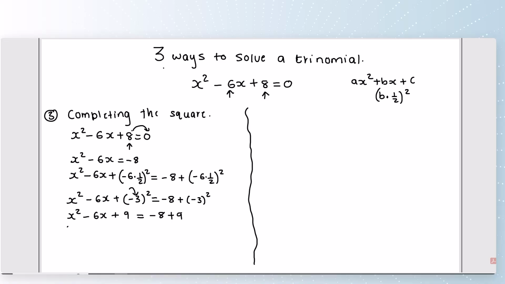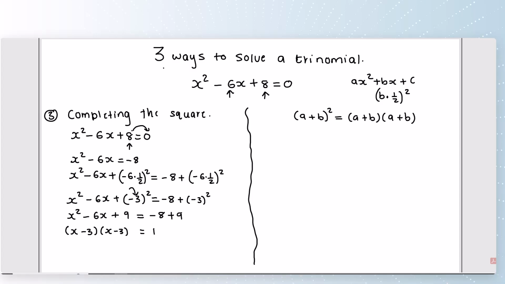So we know that it's going to be x minus 3, and I said it's going to be identical factors. Minus 3, okay? Equals to minus 8 plus 9 is 1. All right. Remember, when we have a bracket with a square like that, it means write the bracket twice.